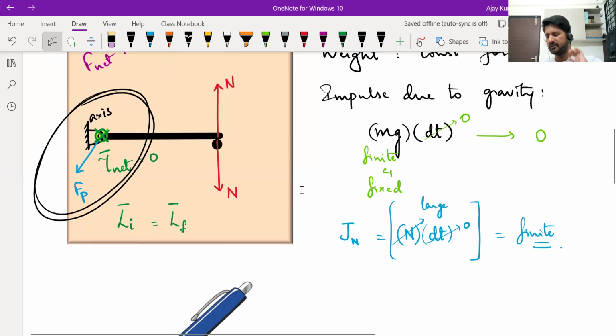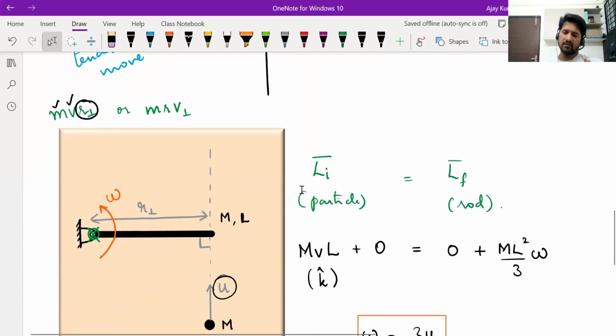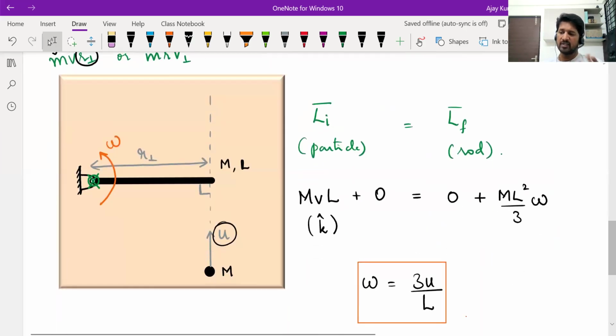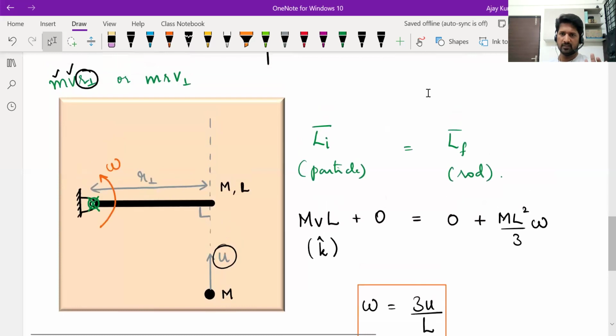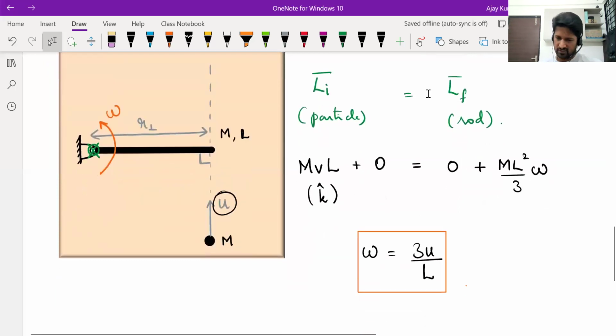There's something else we can do. We can use physics. We can apply the basic idea of momentum or impulse. The rod plus particle system, if it loses any momentum, it has to be due to force exerted by the pivot. If it gains any momentum also, it has to be due to force exerted by the pivot only.